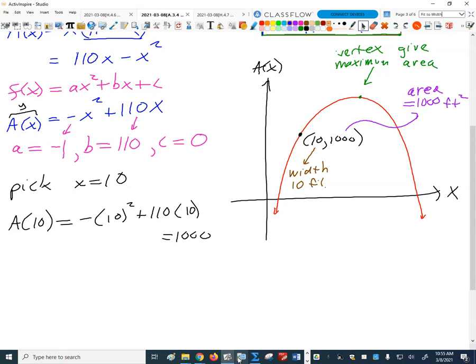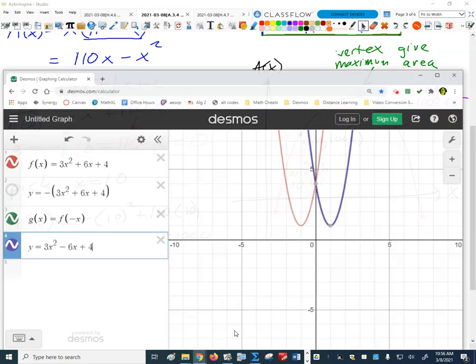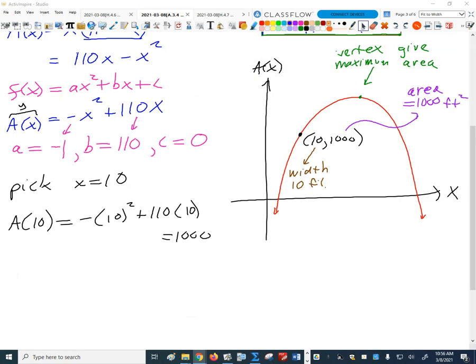I could even use Desmos to calculate a whole bunch of values here if I want to. Let's go into Desmos graphing, and let's ignore the graph for a second.